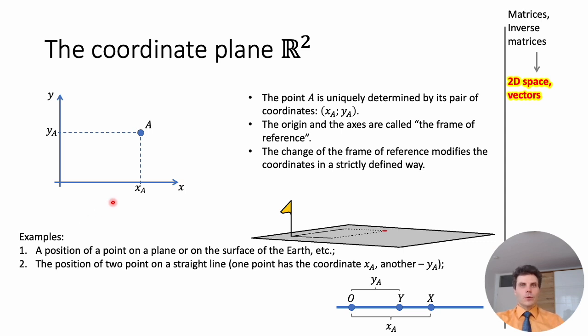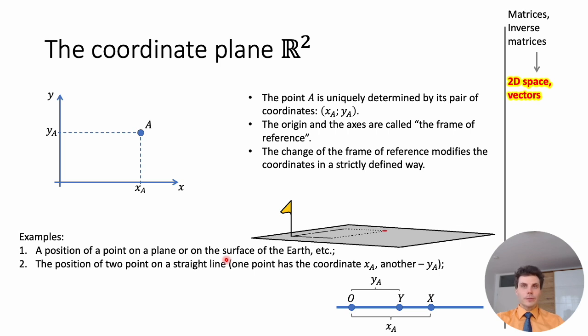Okay, so where can we use the coordinate plane? I have two examples. Obviously, you can use it to define the position of points on a plane, just as here, but it may not only be a plane. It can be the surface of the Earth. It can be any other two-dimensional surface, maybe curved, maybe bent, maybe the surface of a donut.